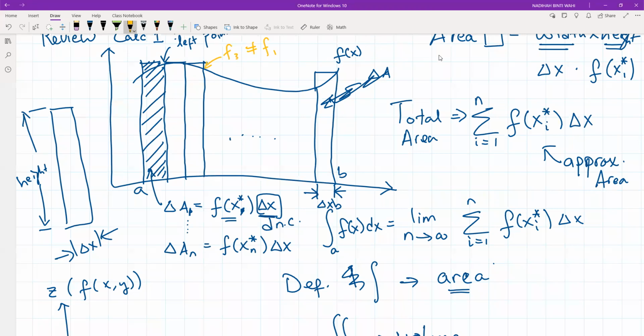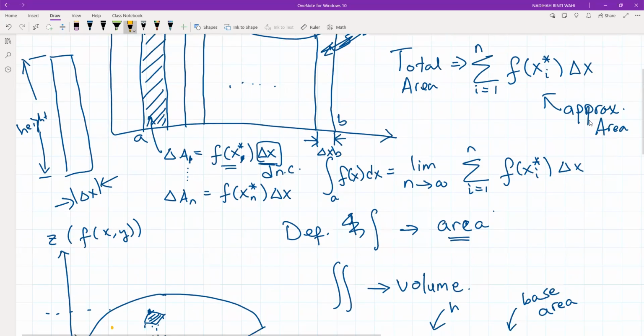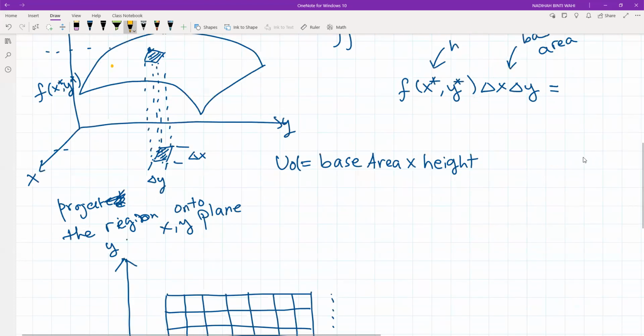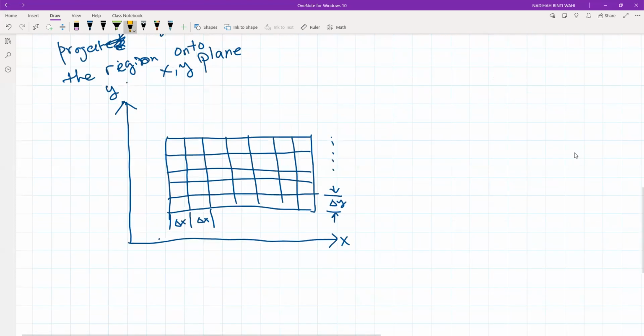Before that, I forgot: what is the definition of delta x? Delta x is b minus a over the number of rectangles, so we get the width. In this case, going back here, I don't use n.